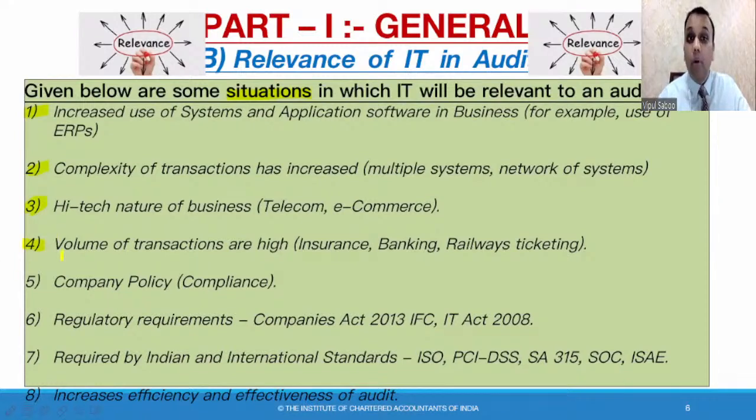There could be company policy where automation is a must. Legal requirements: the Companies Act says you have to report on internal financial controls. The Information Technology Act might have its own requirements which need to be adhered to by the auditor. Required by Indian and international standards.